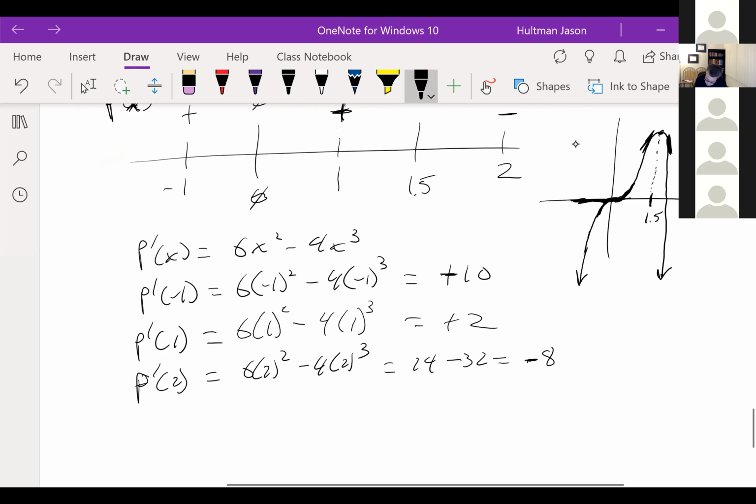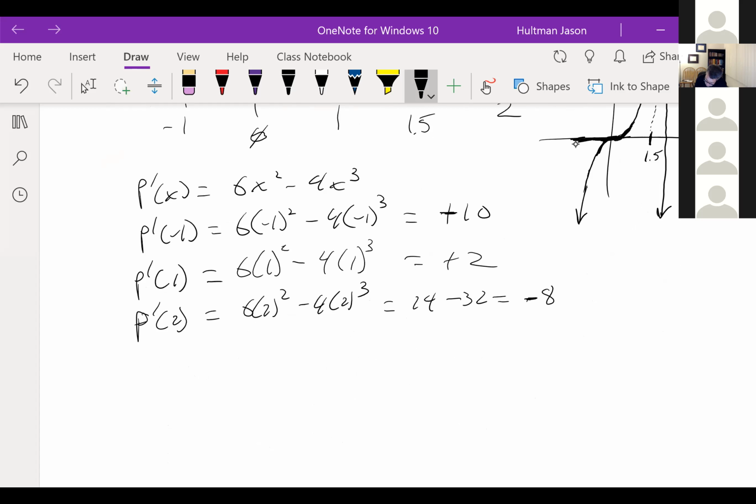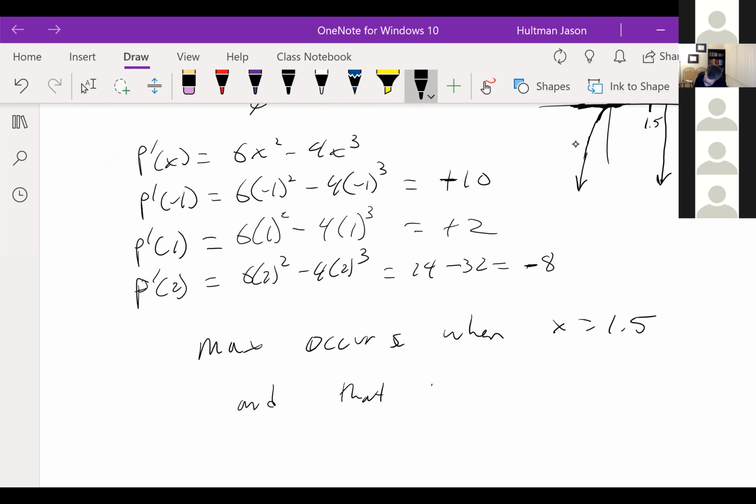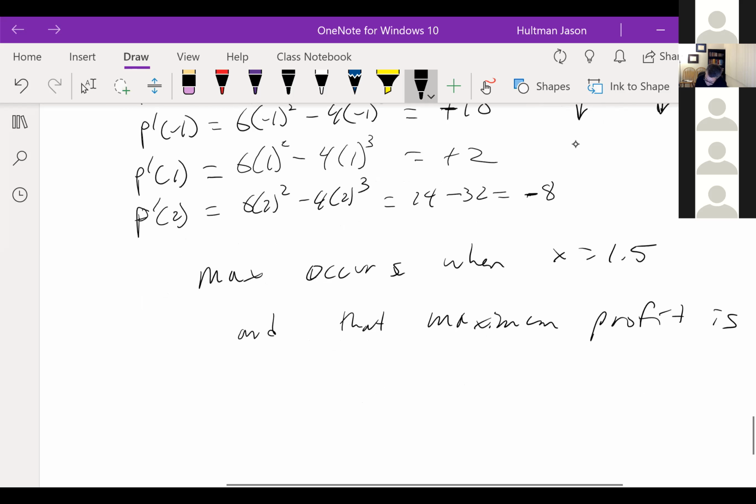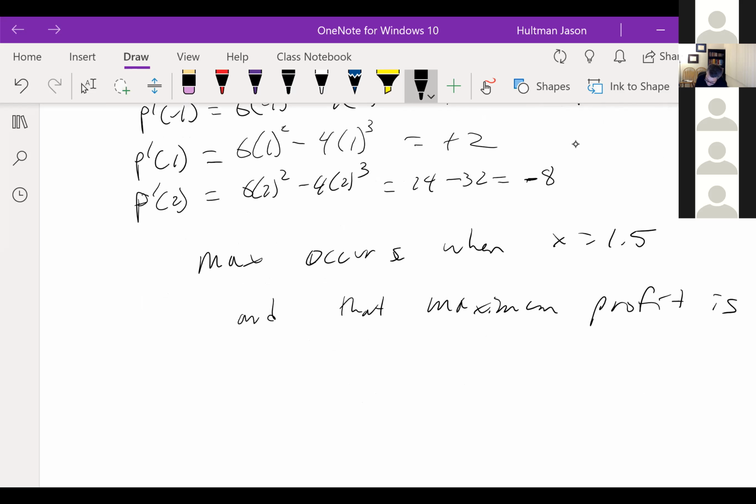So our max occurs when x is equal to 1.5. And that maximum profit is p of 1.5, which, if I plug it into my original function, that was 2 times 1.5 cubed minus 1.5 to the 4th power.